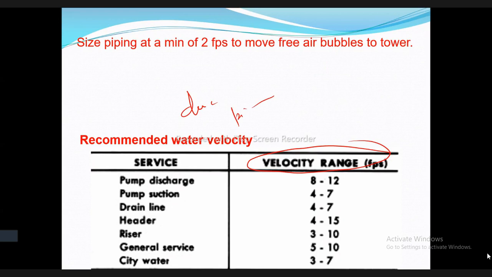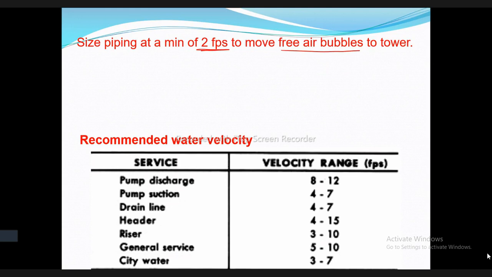You should know that. Okay. Size piping at a minimum of 2 FPS to move free air bubbles to the tower. And it says your minimum velocity should be 2 feet per second to move the free air bubbles to the tower.